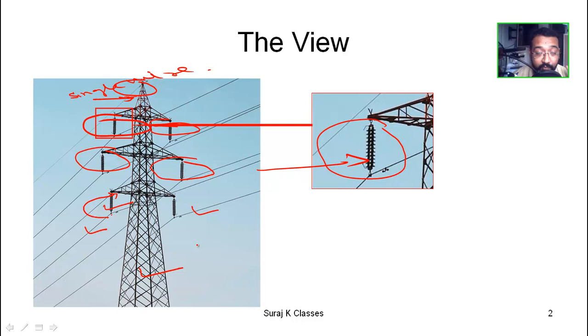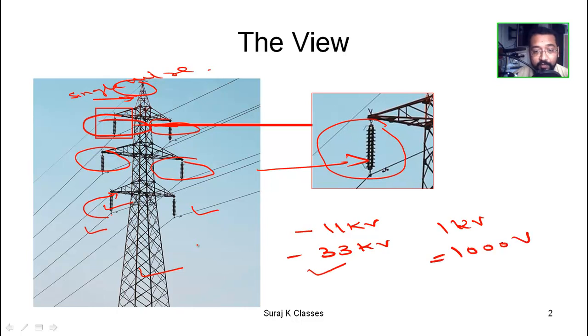Like the standard 11 kV, 33 kV, and you know what this kV is? 1 kV is equal to 1000 volts. Now think, what is the meaning of 33 kV, 66 kV, 220 kV? This much huge electricity is carried by this single line.